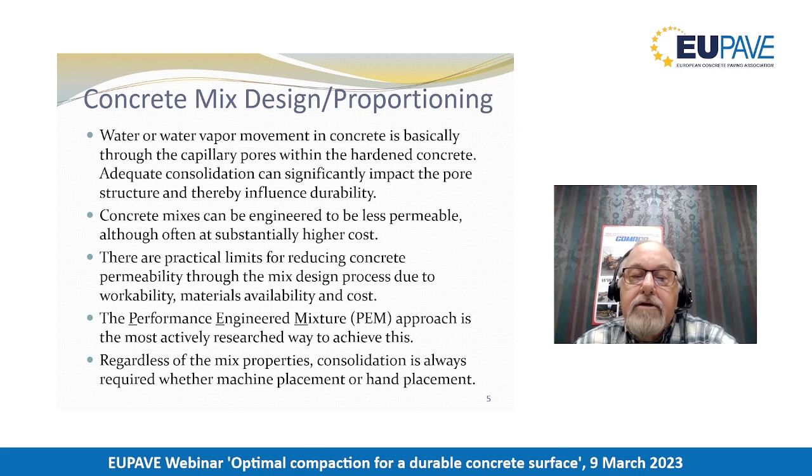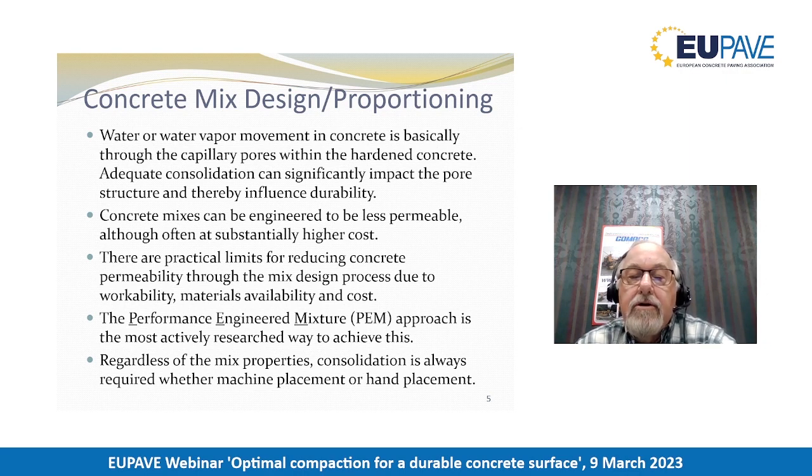Because we have cost elements that we have to be considering, and we also have material availability, which right now is somewhat of a challenge. The performance engineered or PEM mix approach is the most actively researched way to achieve these goals. We are continually looking for advancements in terms of testing protocols and how to characterize the mixes.